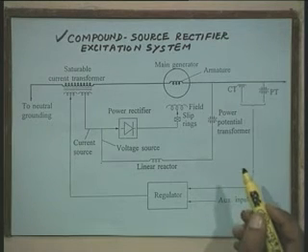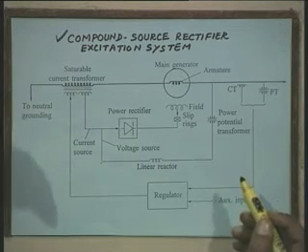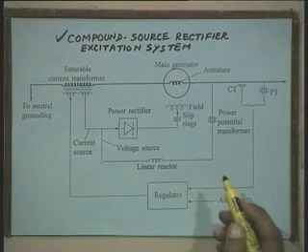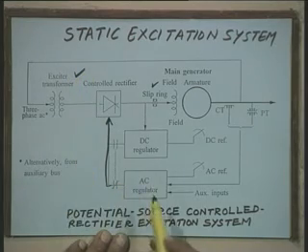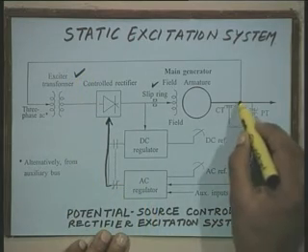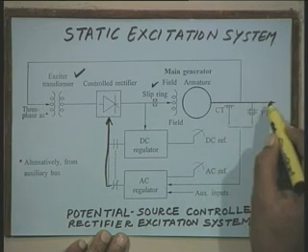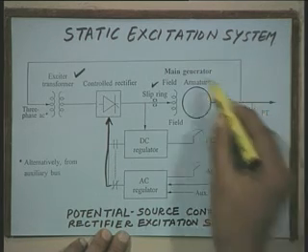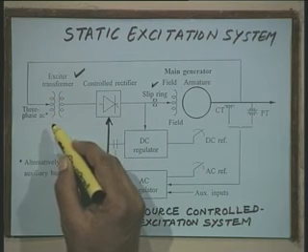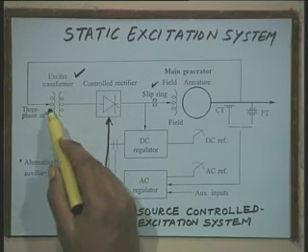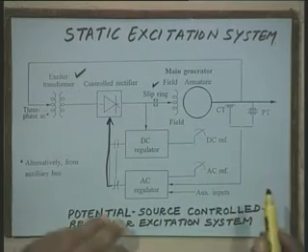Now, the major advantage of this is that suppose there is a fault which occurs at the terminal of the synchronous generator. If we use a simple static excitation system using the exciter transformer only, then when a three phase fault or some sort of fault occurs at the synchronous machine terminals, the voltage available to this transformer becomes 0 or it dips, and this will affect the field current of the excitation system.